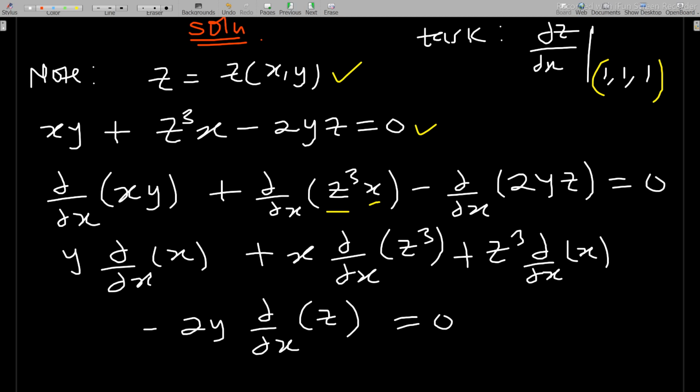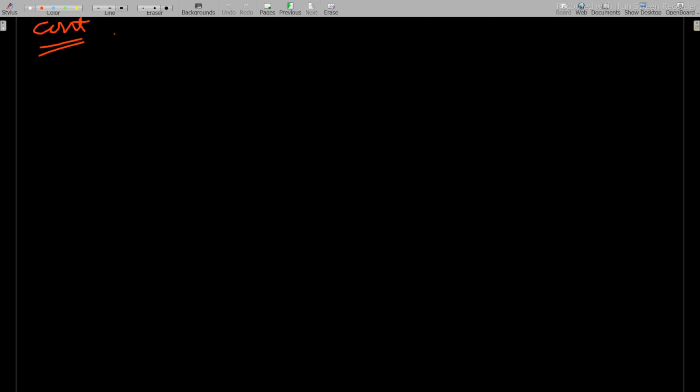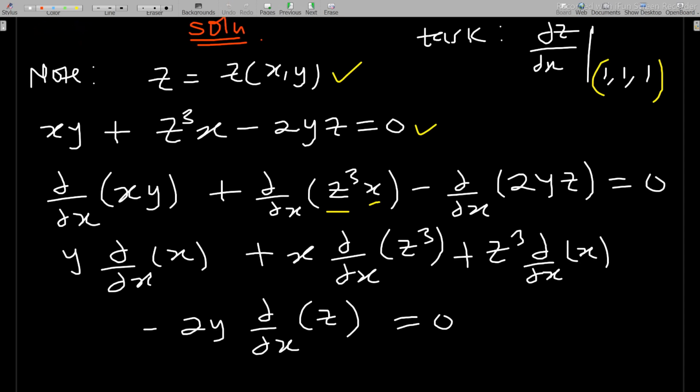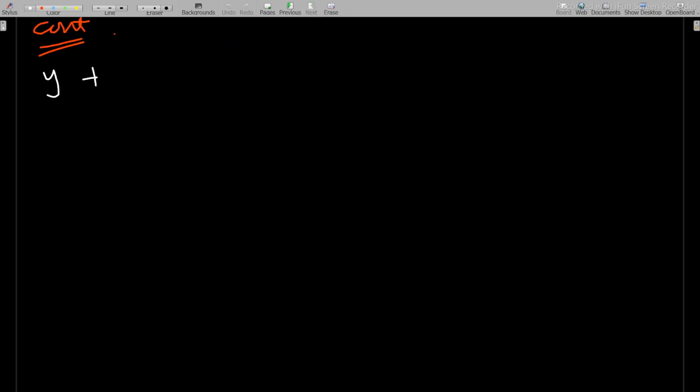So if I differentiate every term, the first term, I'll get just y. So I get y plus, the second one, you are differentiating x times the differential of z cube with respect to x, and z is a function of x, so I have to differentiate the z cube first, and I'll get 3z squared, right? Then x, then I differentiate the z itself with respect to x, and I'll get del z del x.